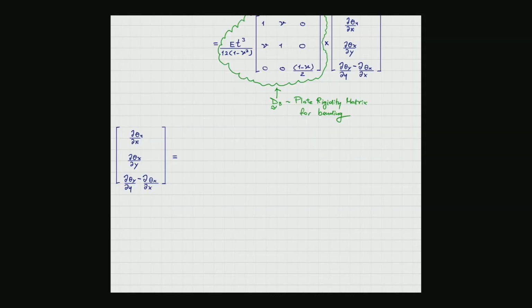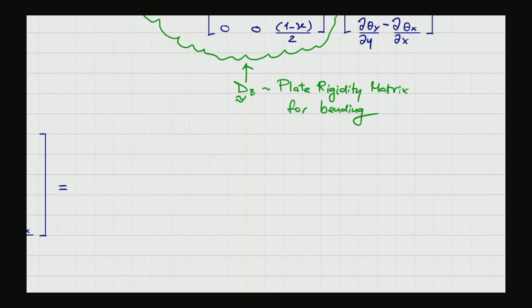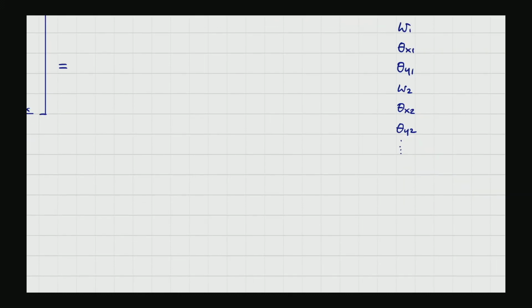We have the displacement vector being W1, theta x1, theta y1, W2, theta x2, theta y2, and so on to W4, theta x4, theta y4.